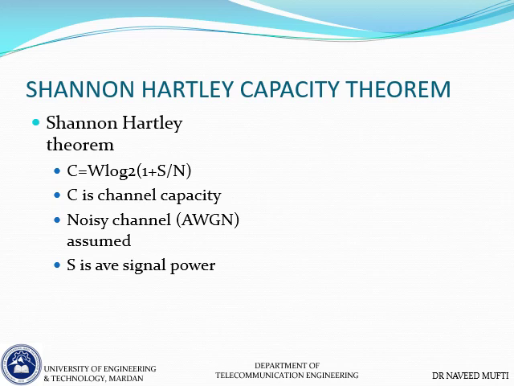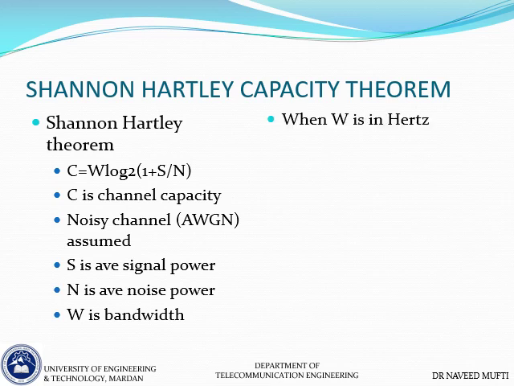S here represents the average signal power. N here represents the average noise power, and W represents the bandwidth. So the channel capacity depends on the bandwidth available, the signal power, and the noise power. And the bandwidth, as we know, is measured in hertz. The capacity is measured in bits per second.